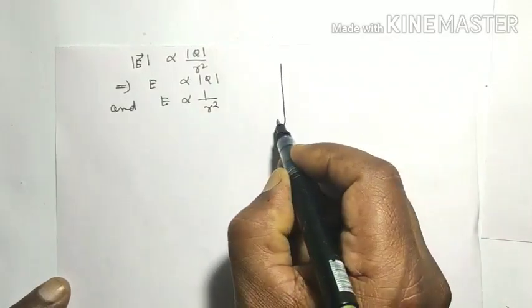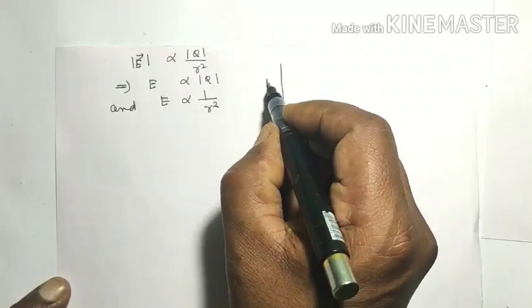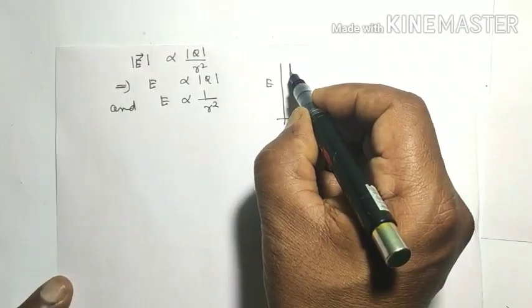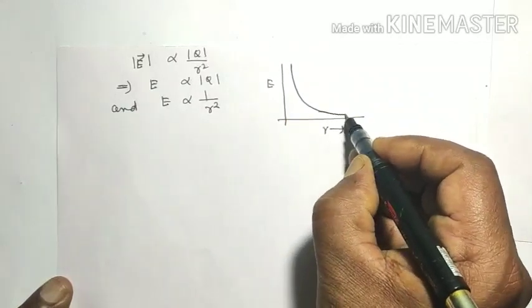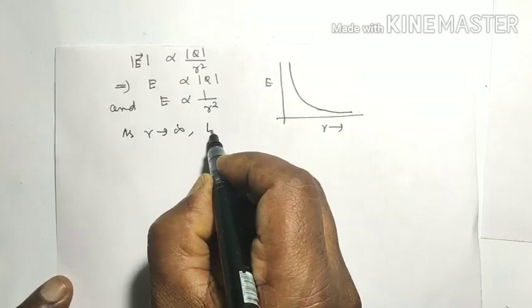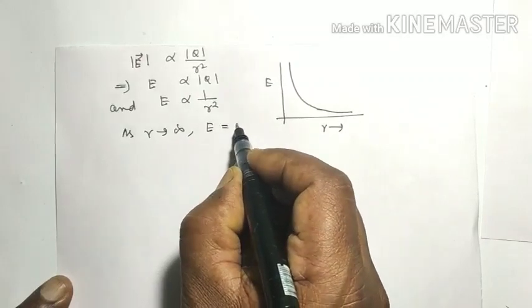That is, the graph looks like this. This is your E and this is your R, and as R tends to infinity, E is equal to 0.